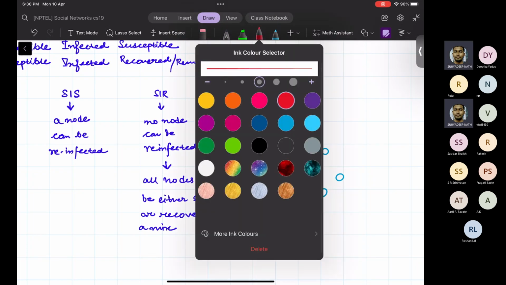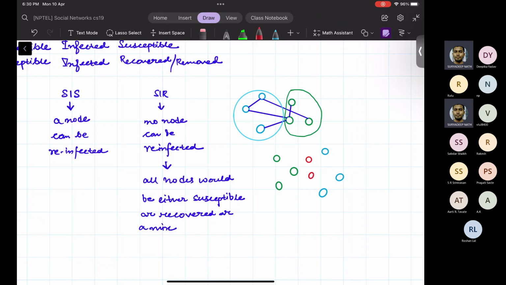But you cannot have some infected nodes in between.